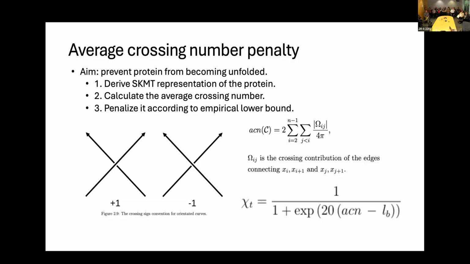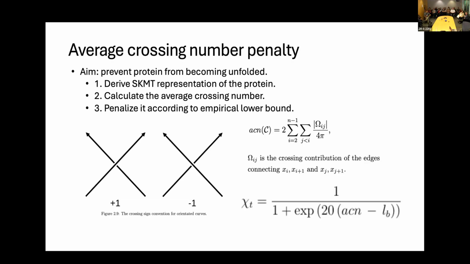So right, if you see on the image, if a line goes over another one, it's +1, and the other one is a -1. But here we don't care about the signs. So we basically just sum up all the crossing contributions across all orientations.